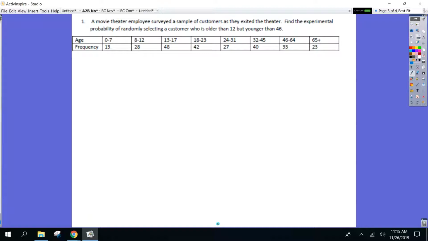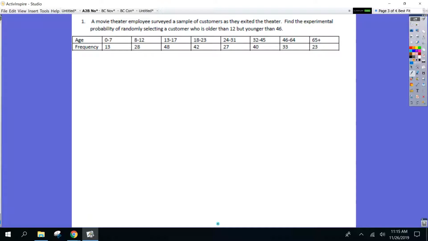So there were 13 0 to 7-year-olds that came out, 28 8 to 12-year-olds that came out. What's the probability you select somebody who's older than 12 but younger than 46? So the first thing we need to find is how many people fell into that category. Older than 12, younger than 46. Do you see the numbers we're going to add up? So what's the first frequency we should be taking?